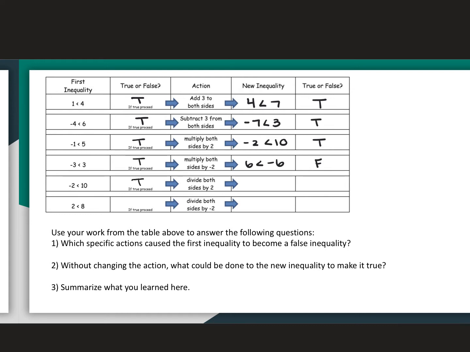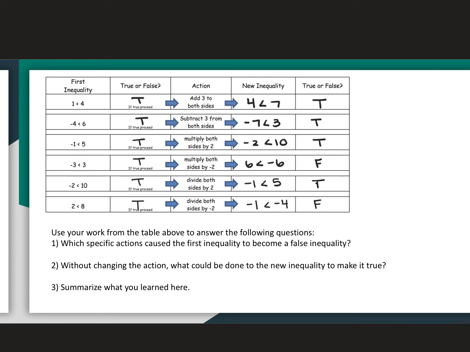We're going to divide both sides by 2, so we get negative 1 is less than 5, which is true. And for the last one, we have 2 is less than 8, which is true. We're going to divide both sides by negative 2, so I get negative 1 is less than negative 4, which is false.